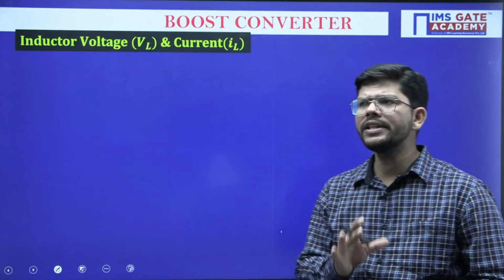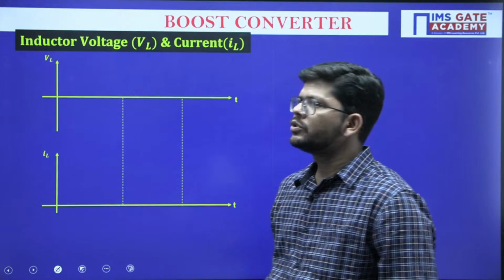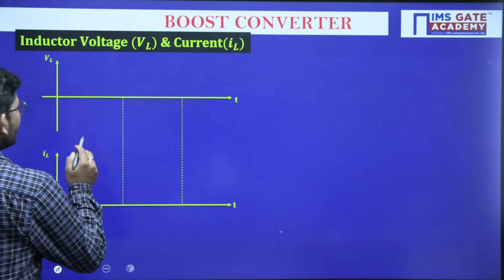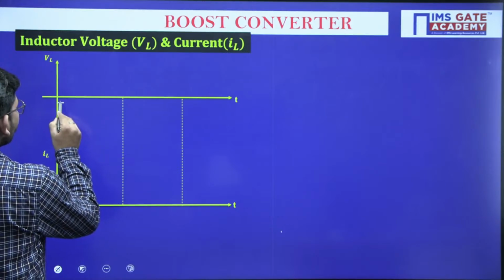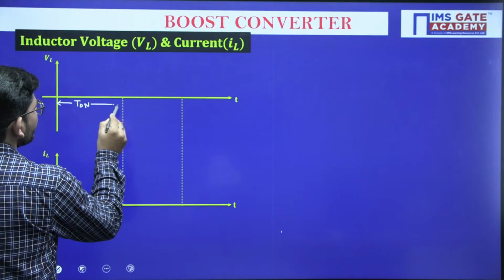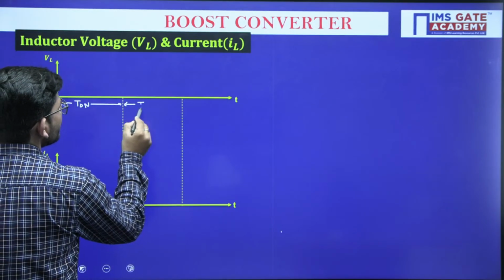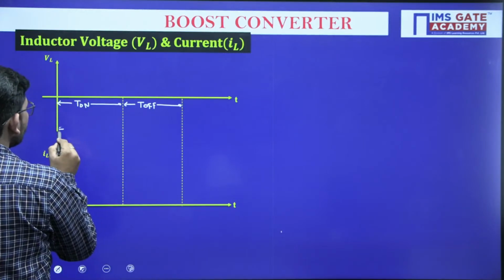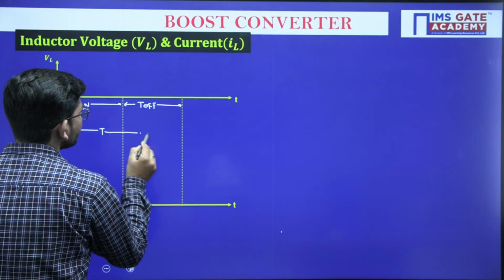Now let us plot what we have obtained here. When it comes to VL, how is VL varying? Let me call this the on time, T on, and this the off time, T off, and you know the total time is this.